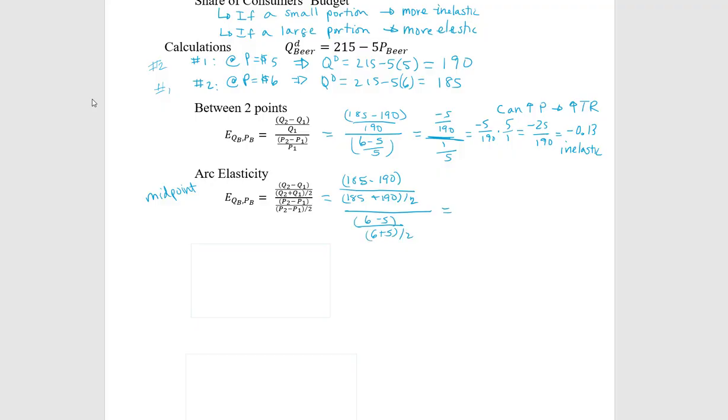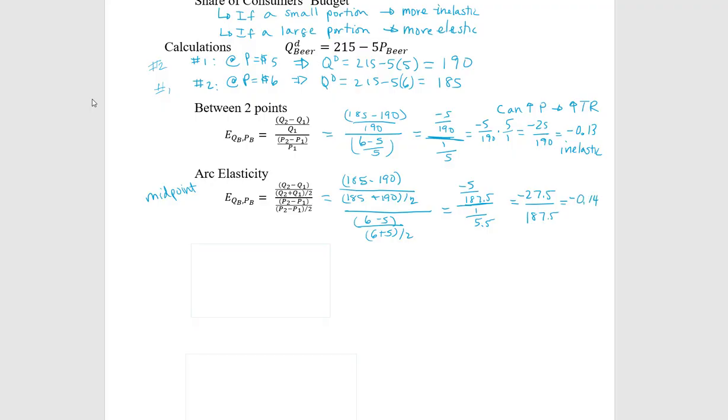And if I simplify this, I'm going to get minus 5 over 187.5 and 1 over 5.5. I can flip and multiply. If I flip and multiply, I get minus 27.5 over 187.5, which happens to be minus 0.14.